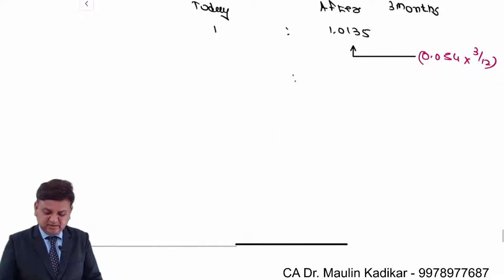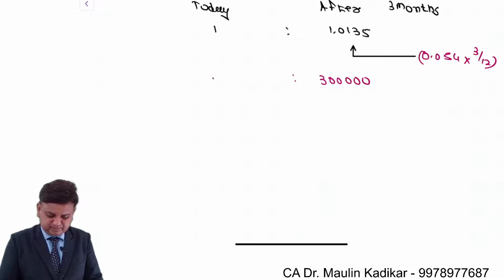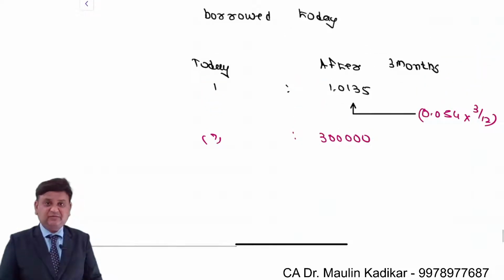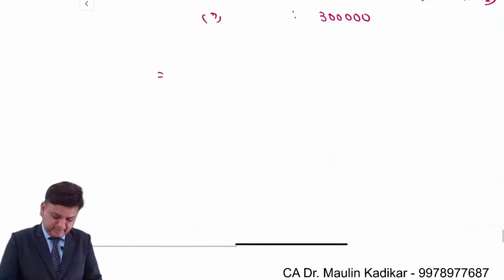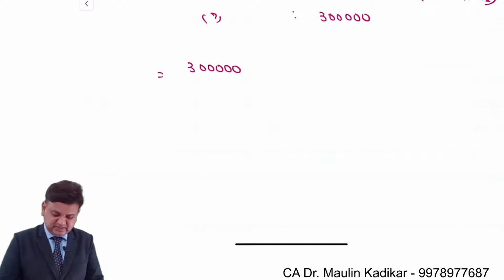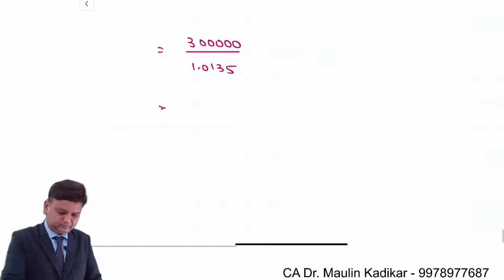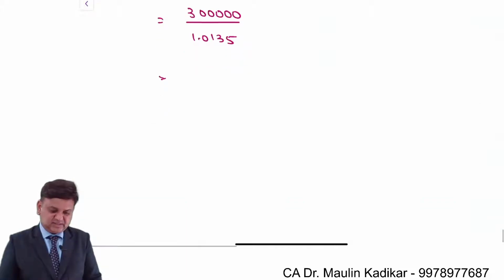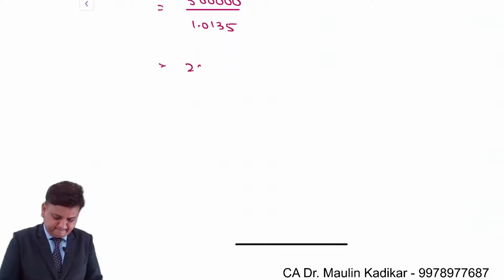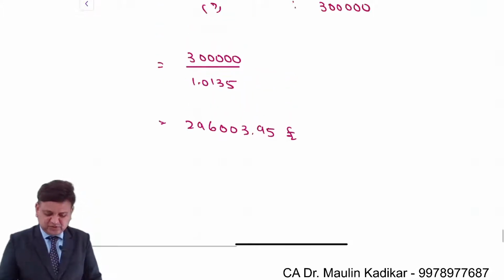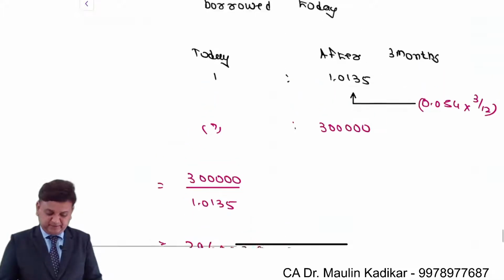We need to have the repayment of the loan as 3 lakh pound. So this is the amount that we will borrow today. So it is 3 lakhs divided by 1.0135. So 2,96,003.95. This is the amount of the pound that we will borrow today.